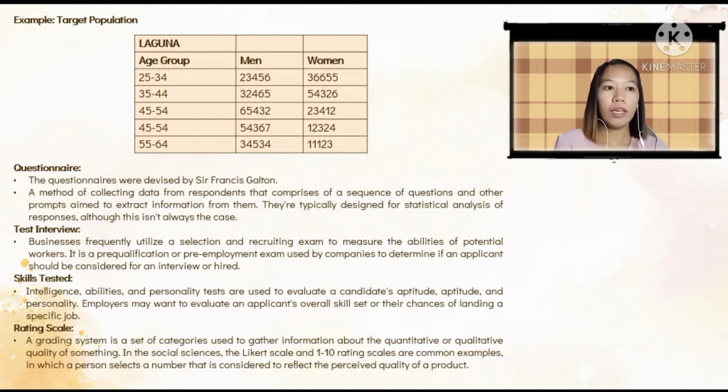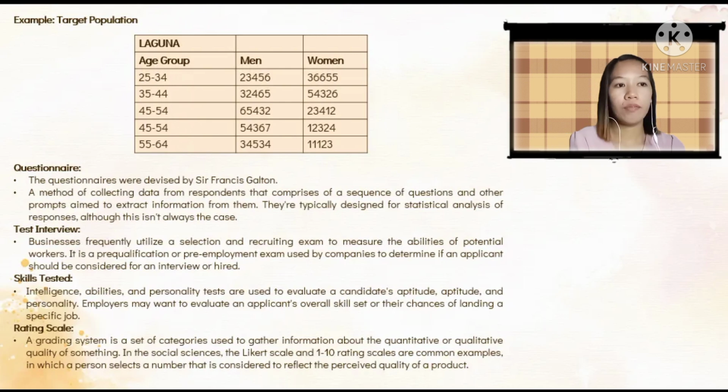Test interview. Businesses frequently utilize a selection and recruiting exam to measure the abilities of potential workers. It is a pre-qualification or pre-employment exam used by companies to determine if an applicant should be considered for an interview or hired.